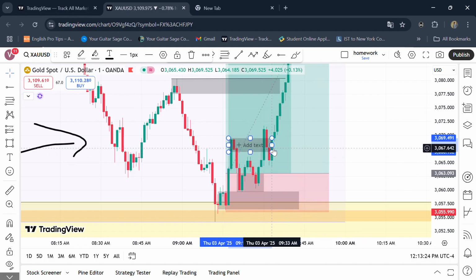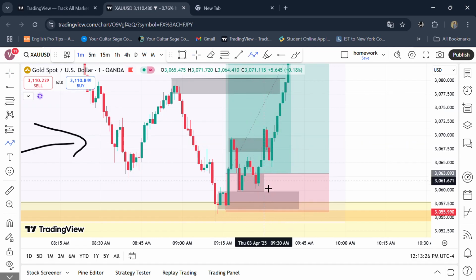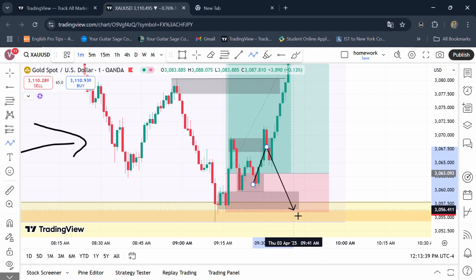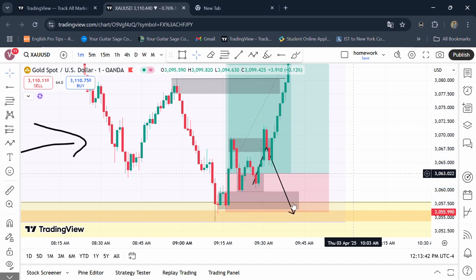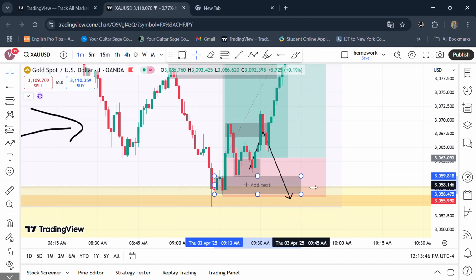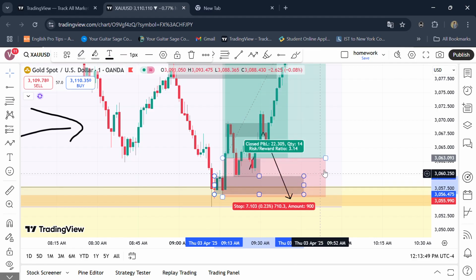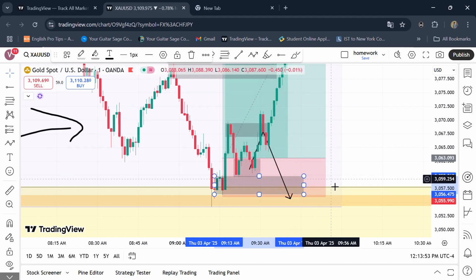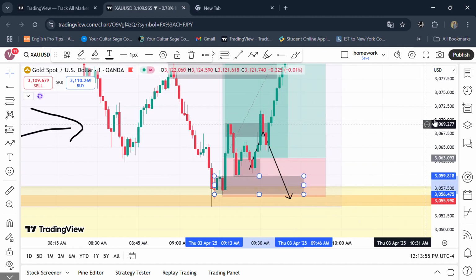But the problem for us starts when the price taps this order block and then comes down again and doesn't take support from this remaining order block which was left untapped, and it directly pierces below it. If that happens, if this last order block gets pierced, gets broken, then we know that there is no hope for us to sit for an upward trend.